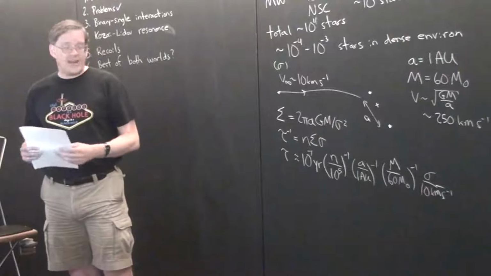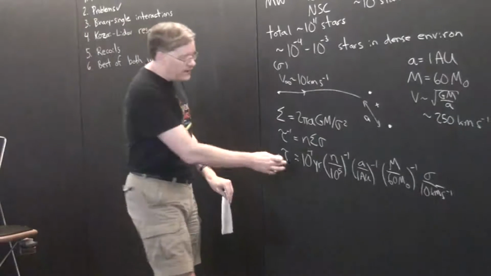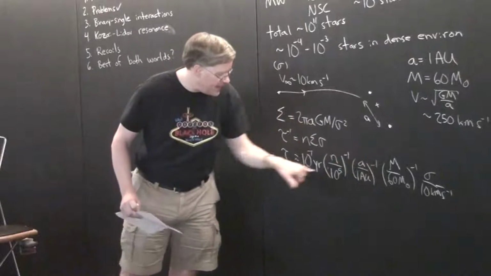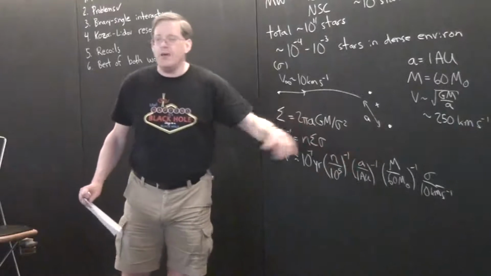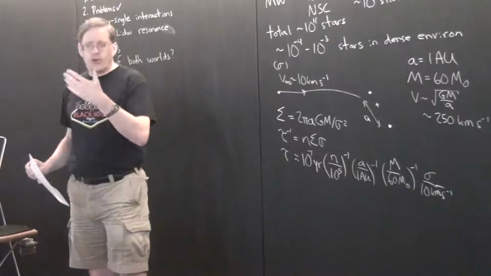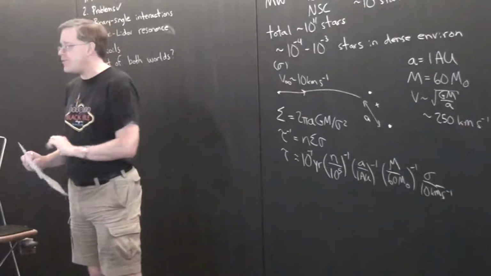Now that turns out to be independent of M. Why? Because the rate of interactions goes like M, so the time goes like 1 over M. But you need to interact with of order 0.3 M, as it turns out, in order to reduce the semi-major axis.